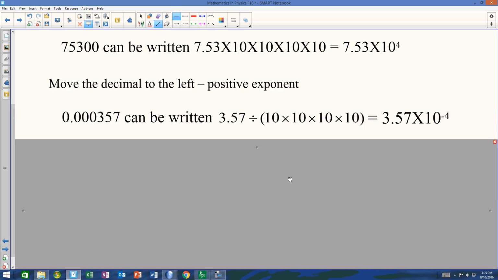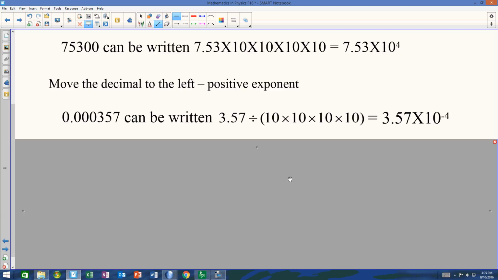If I have the number 0.000357, I'm going to move my decimal point to the right. The number is getting smaller, it is a smaller and smaller number that's getting larger. And that means that I'm actually taking 3.57 and dividing it by 10 times 10 times 10 times 10.